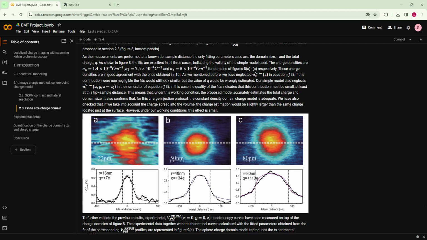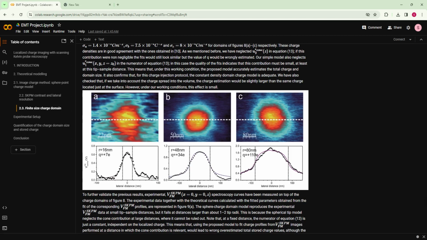As we mentioned before, we have neglected U2'' cone in the previous equation. If this contribution were non-negligible, the fits would still look similar, but the value of Q would be wrongly estimated. Our simple model also neglects U1'' cone XYZ equals Z0 in the numerator of equation 13.